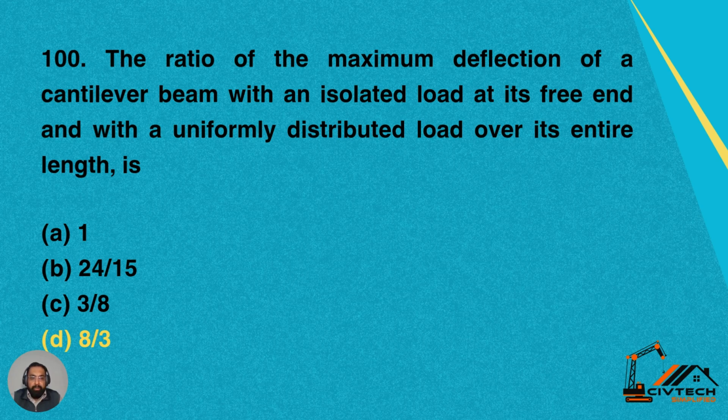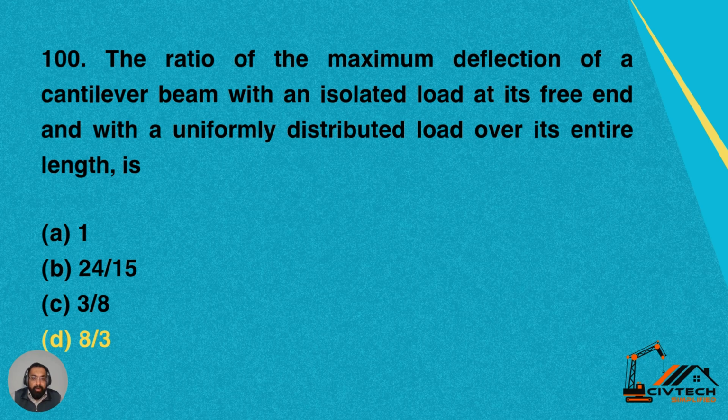Question number 100. The ratio of the maximum deflection of a cantilever beam with an isolated load at its free end and with a uniformly distributed load over its entire length. Now see, this beam has been subjected to two types of load.